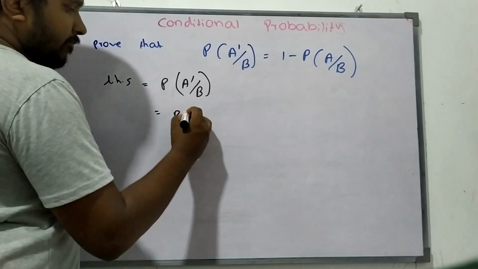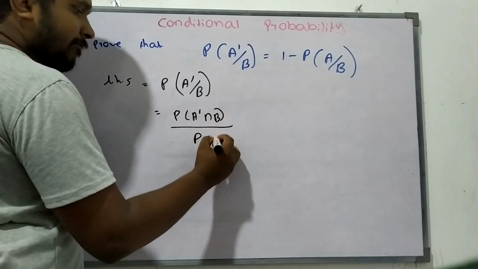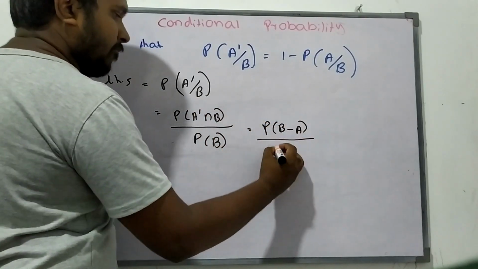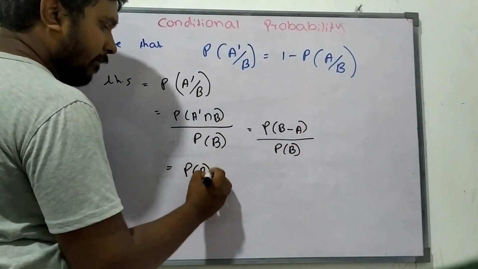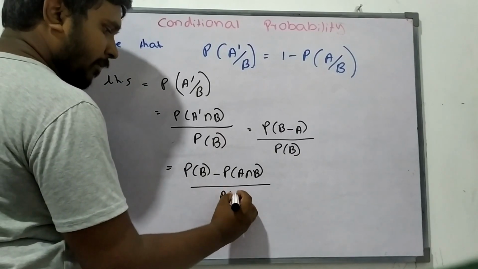Just write it down. P(A dash intersection B) over P(B), no? So what is this? This is P(B) minus P(A intersection B) over P(B).